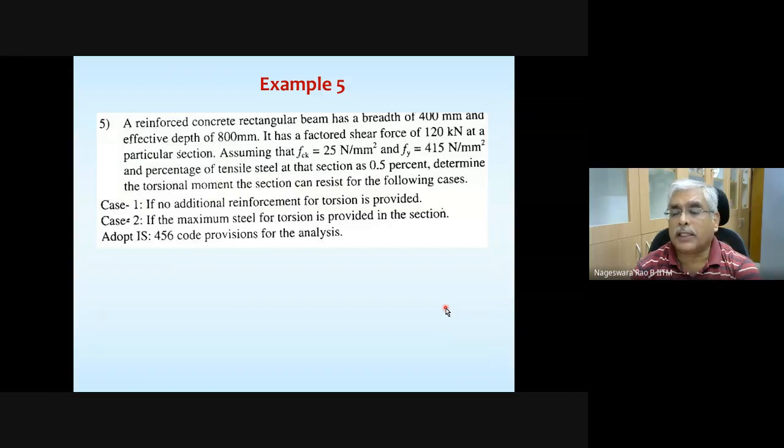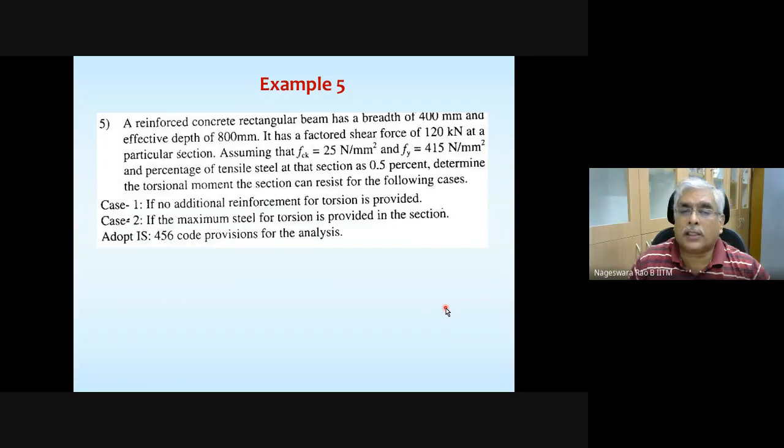At whichever section you are looking at, the percentage of tensile steel is given. Based on this, you should be able to estimate your design shear strength, either from table 19 of IS 456 or section 4 of SP 16.